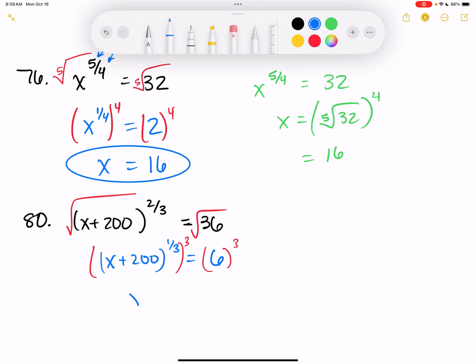So I'm left with x plus 200 on the left. Now, 216. Save me some work. So then we need to subtract the 200 from the left. So x is equal to 16. 16 must have been the popular number for this section.